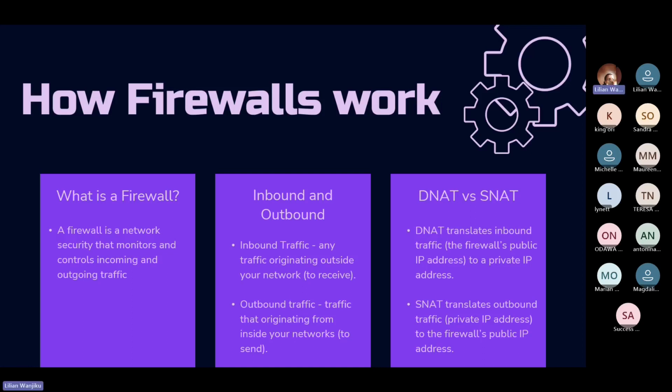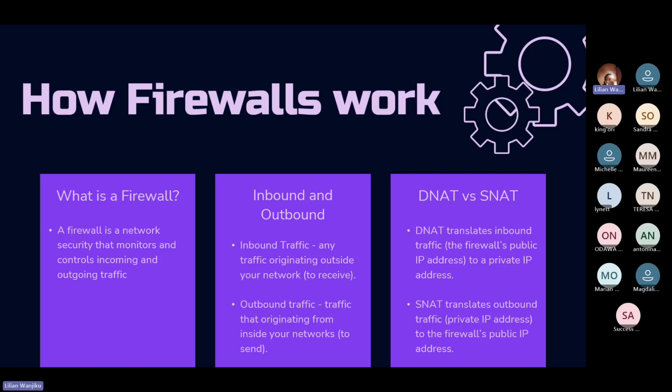With that in mind, DNAT translates any traffic that is originating from outside your network to a private IP address. This is because the firewall should be able to point to the specific device the traffic is going to.